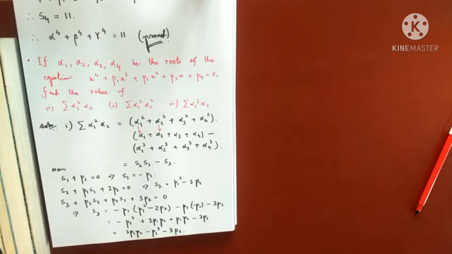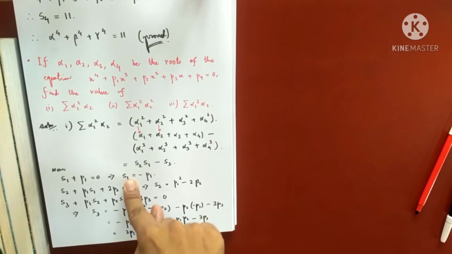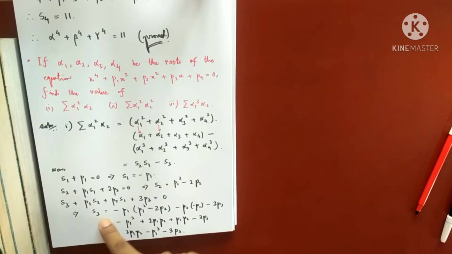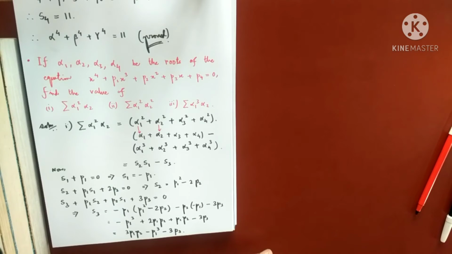So I have the values of S1, S2 and S3. You can put it here to find the value of this thing. Understood? So what you do, you put the values of S1, S2 and S3 out here to get your answer to this one. Anyway, when P1, P2, P3, P4 are numbers, this will be easier to compute.